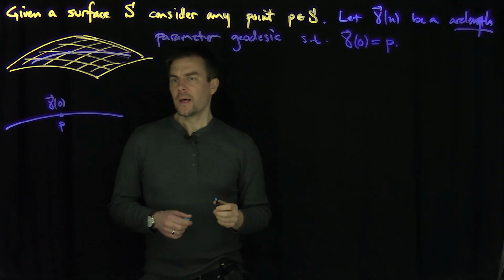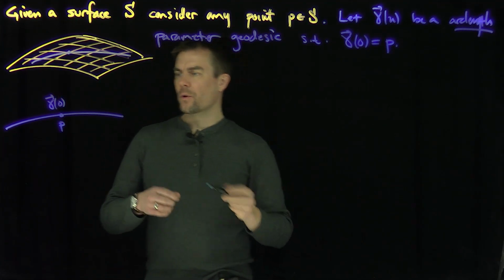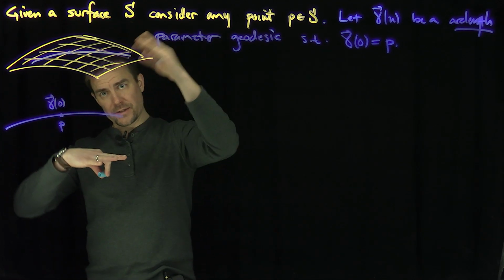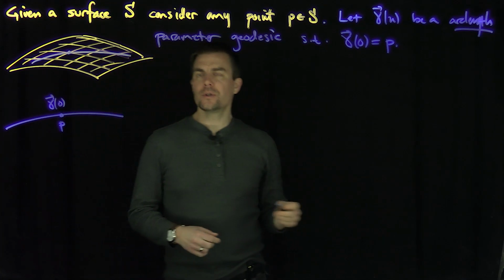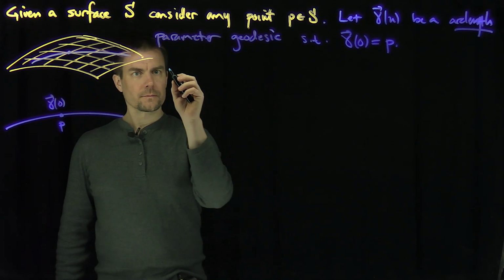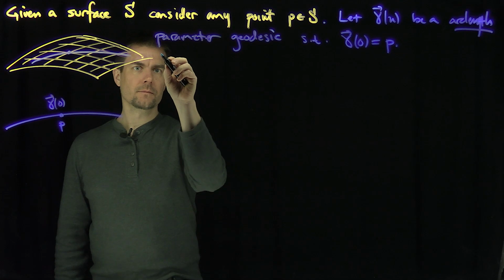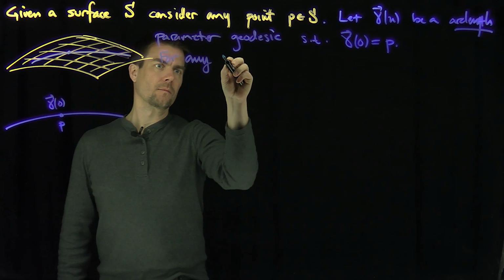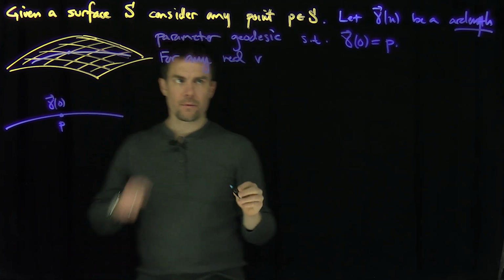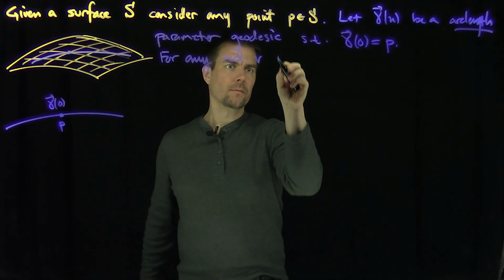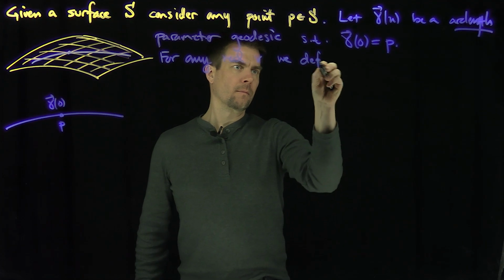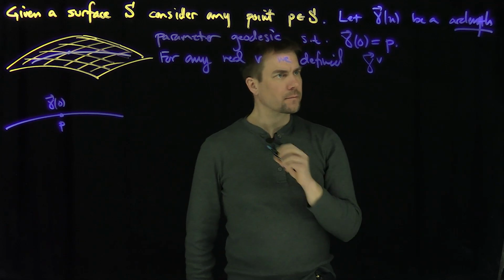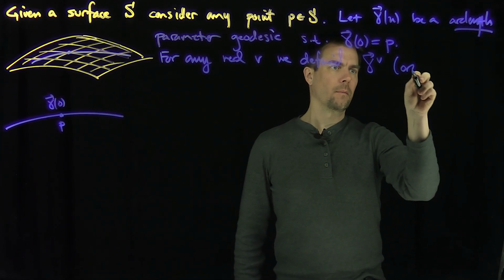All right? Then what we're going to do is the following. We have just one direction of our coordinate. A curve is a one-dimensional thing, so I need a second direction over here. What we'll do is for any v, we define a new curve gamma v, arc length parameter.